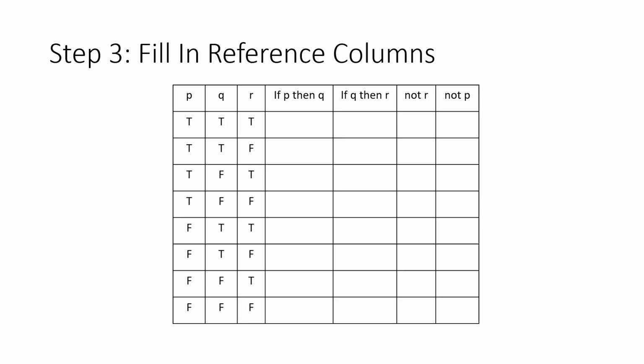Step 3, you want to fill in the reference columns. Now there's a certain logic to this. Let me use the little pen here. I want you to look for a minute just at these boxes here.